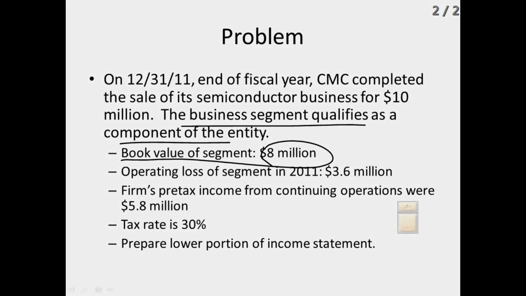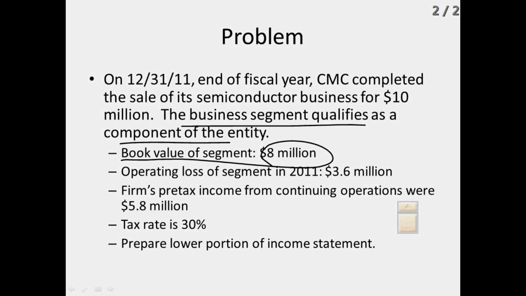What does that mean? What does it mean, the book value of the segment? Okay, well, what do you mean? So the $8 million, what is that telling me? That's the historical cost of the assets minus depreciation, but also minus any of the liability.